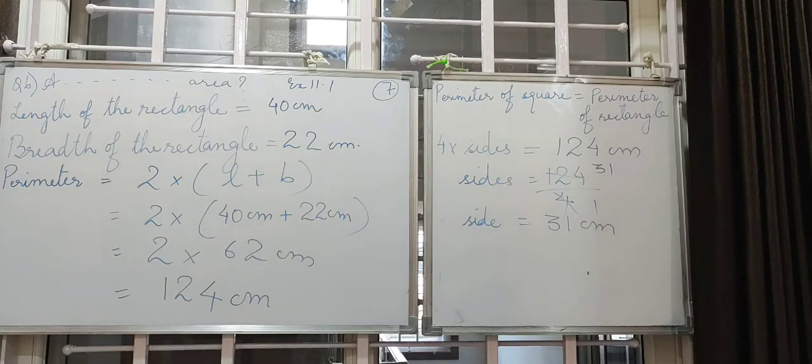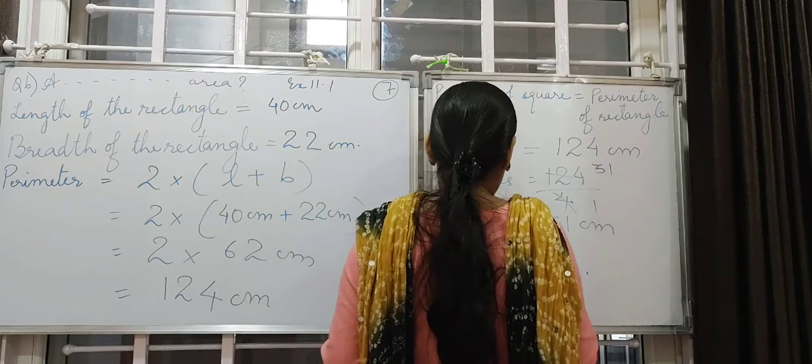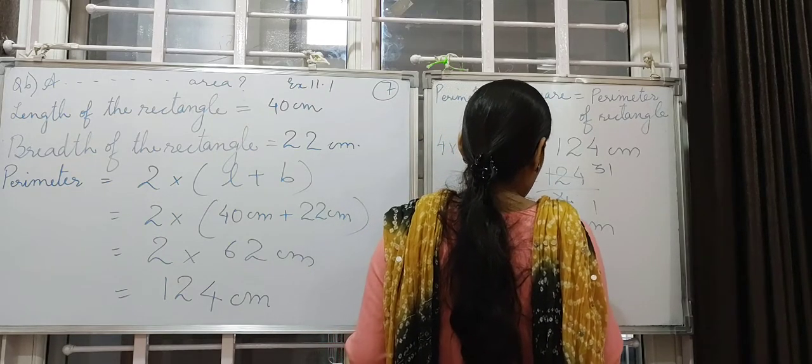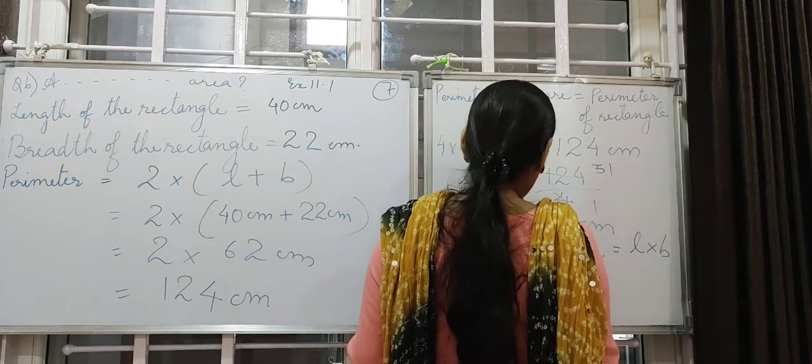Now what we have to do, children? We have to find the area of the square and the rectangle both. So first we find the area of the rectangle. Area of rectangle is equal to length into breadth.